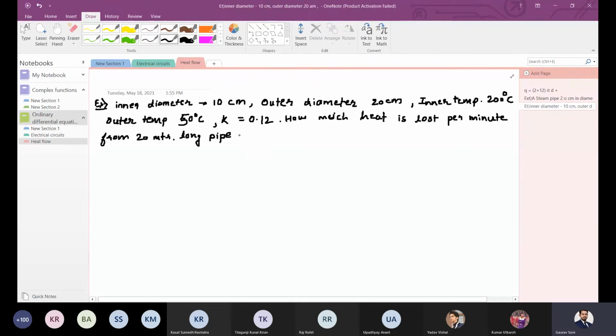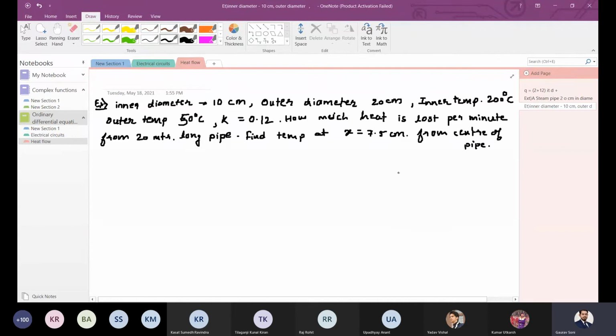Find the temperature at x equal to 7.5 centimeters from the center of the pipe.